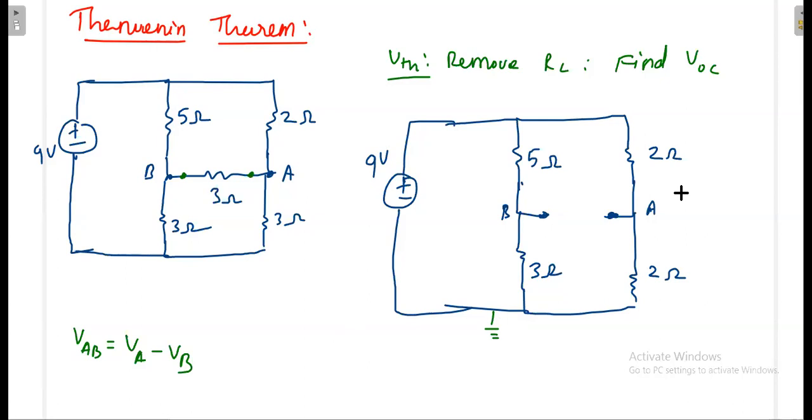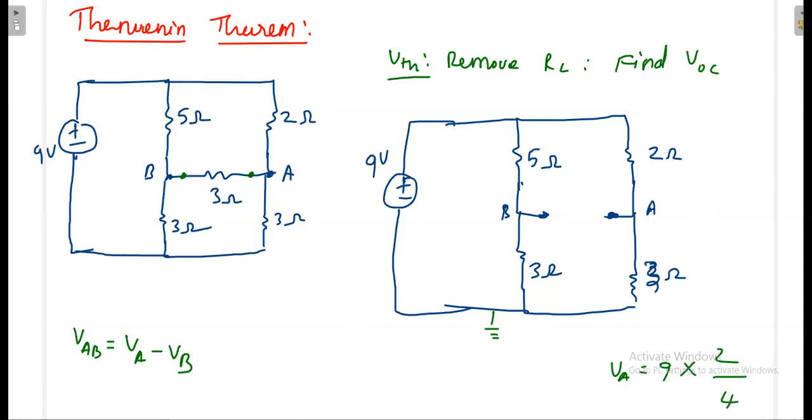Now what is the voltage at VA? Voltage at VA is equal to 9 volt into 2 ohm divided by 4 ohm. Is it correct? Some mistake is there, I think. This is 3 ohm, yes, 3 ohm.